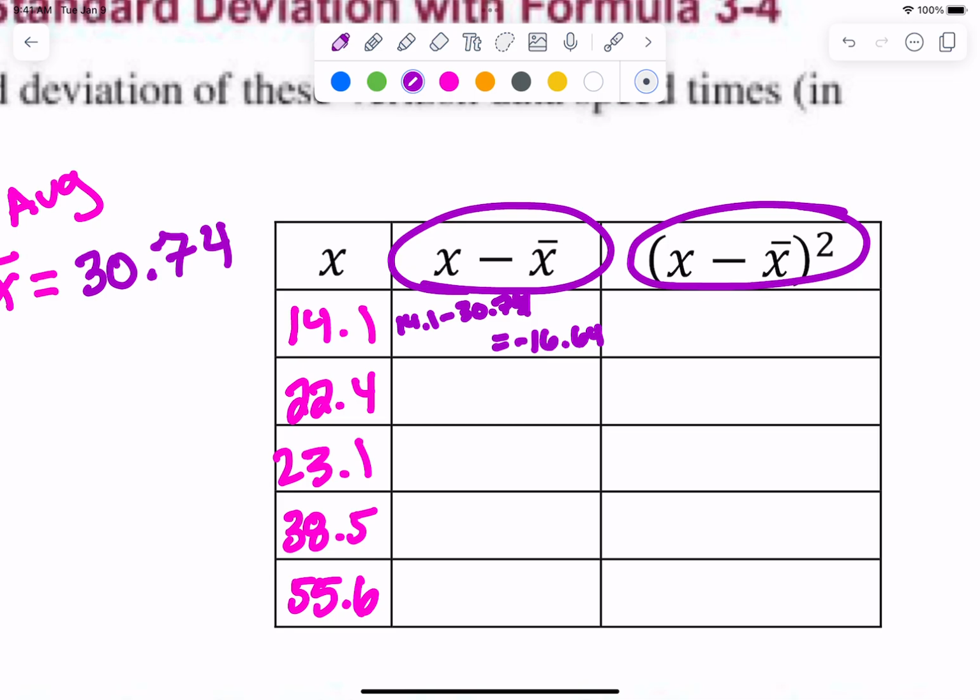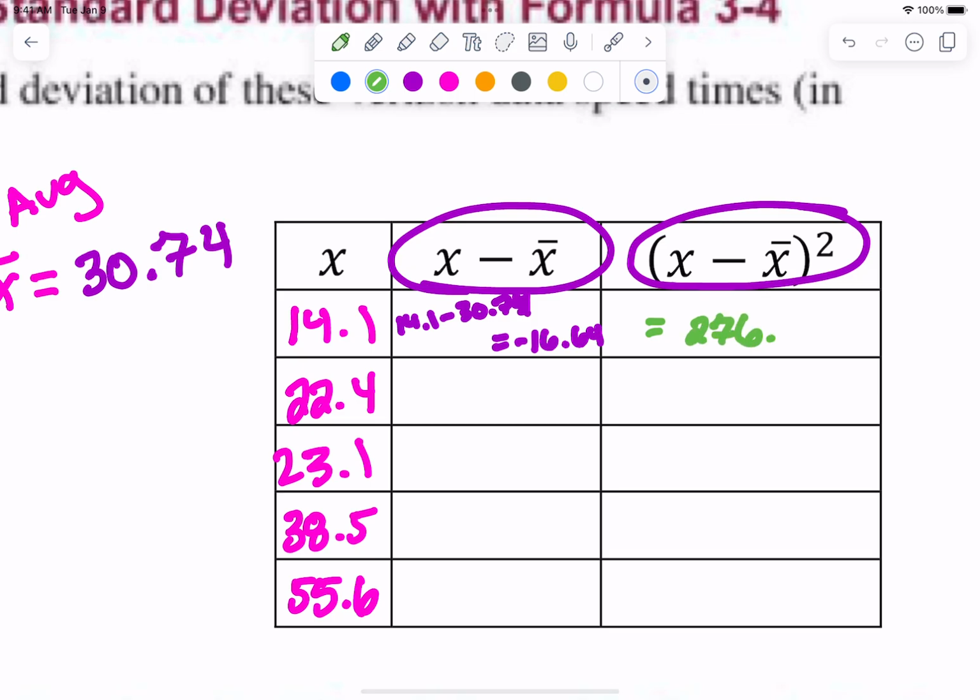What do we do with that number? You square it. If you square it, will it become positive or stay negative? It will become positive. What is it? I got 276.89.